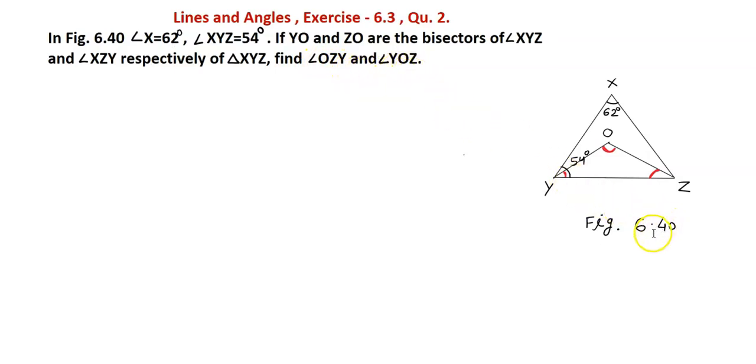So let's see. Here is figure 6.40, triangle XYZ. Angle X is equal to 62 degrees, angle XYZ is equal to 54 degrees.